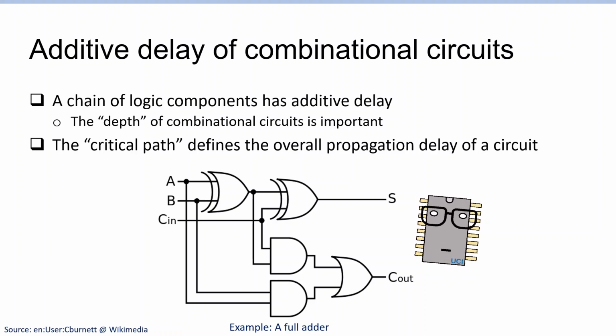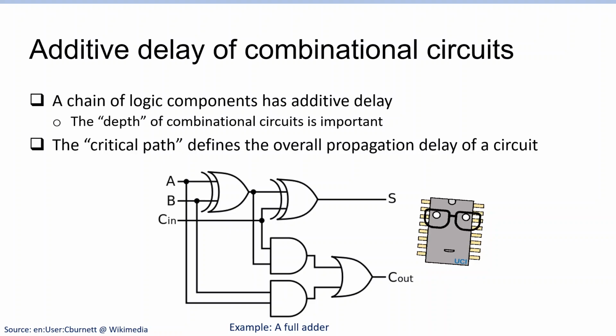And the critical path defines the overall propagation delay of a circuit, because even if there are paths through this circuit which are shorter, we cannot change the input value to this circuit until the longest propagation delay has passed.